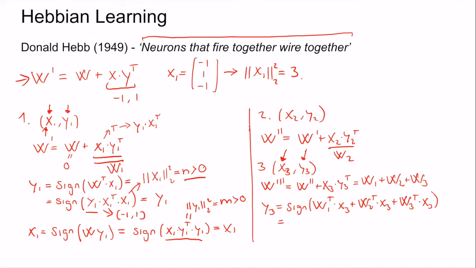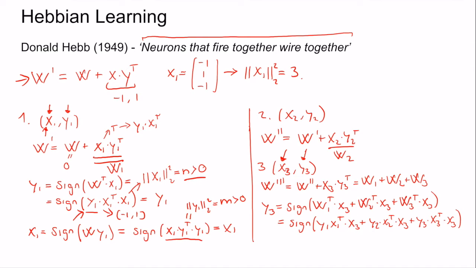And this is also equal to the sine function of, from this expression here, y1 x1 transpose times x3, plus y2 times x2 transpose times x3, plus y3 times x3 transpose times x3.